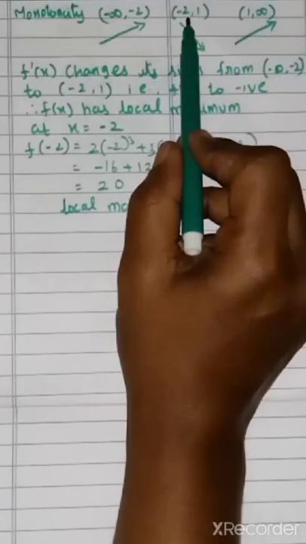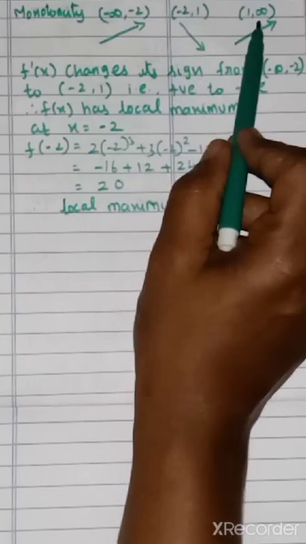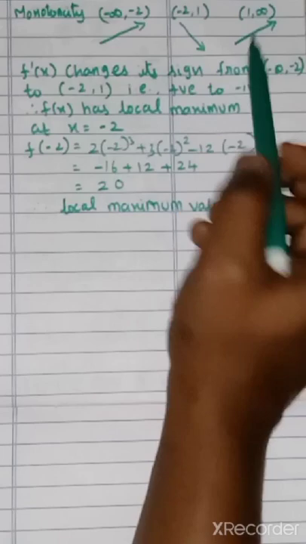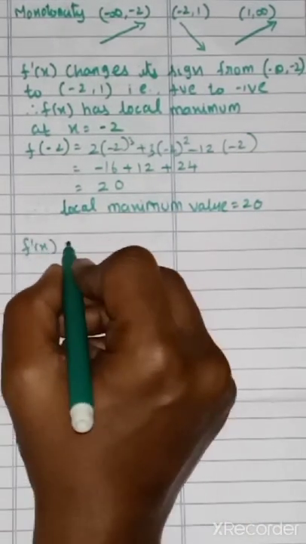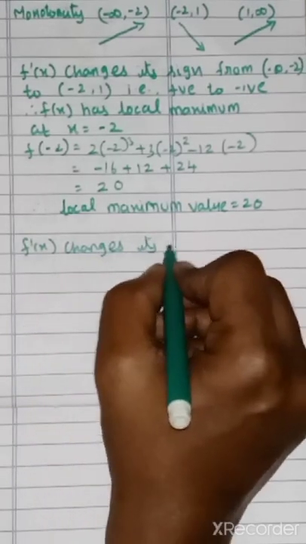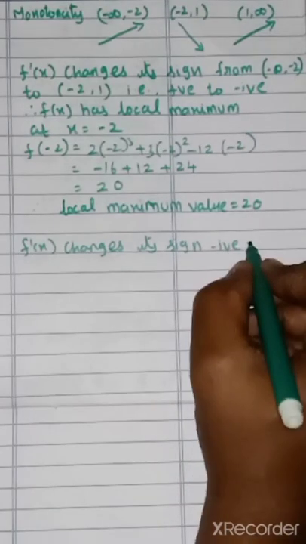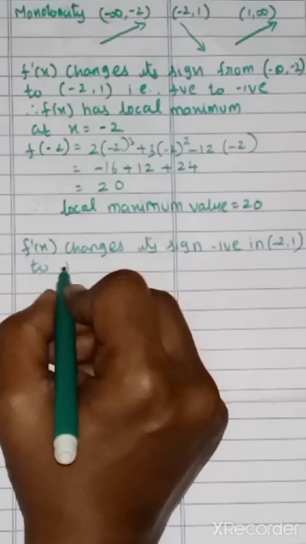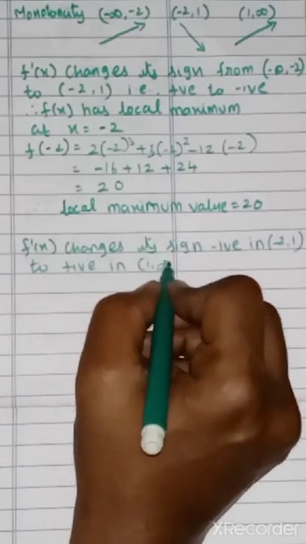Next, in the interval minus 2 to 1 and then 1 comma infinity, it decreases and then increases, correct? So we can write f dash of x changes its sign from negative in minus 2 comma 1 to positive in 1 comma infinity. Correct?